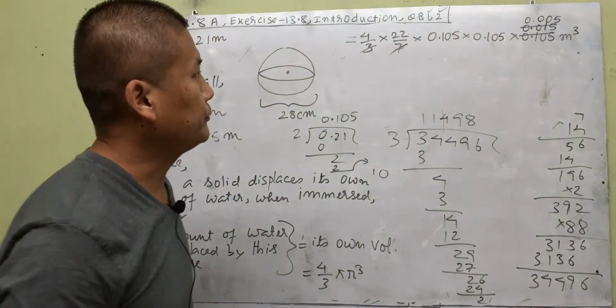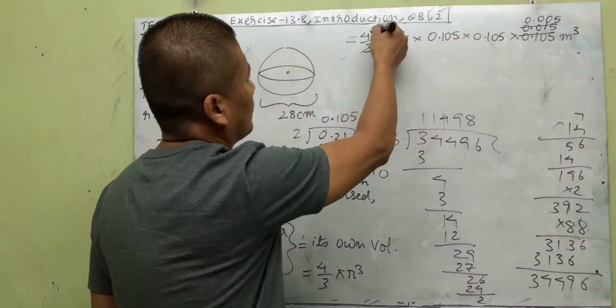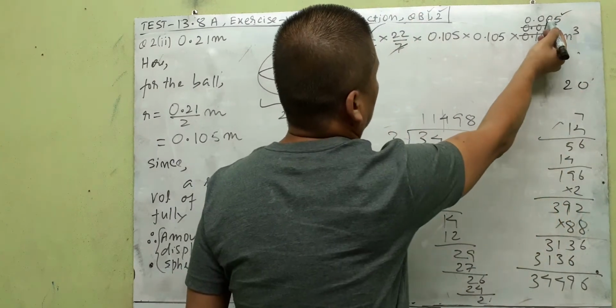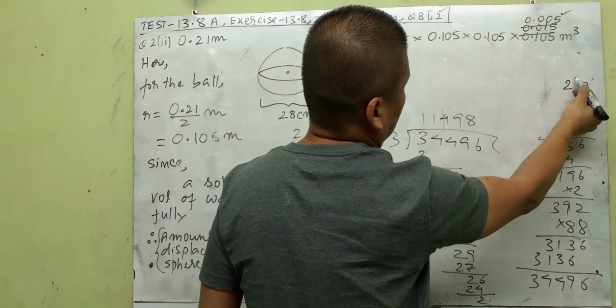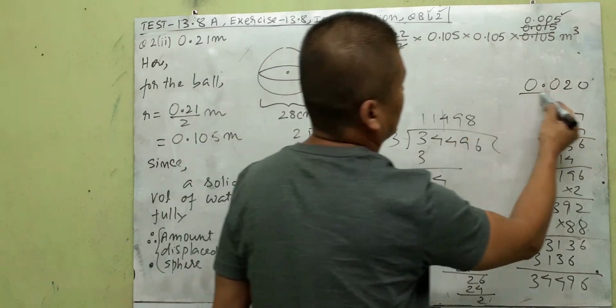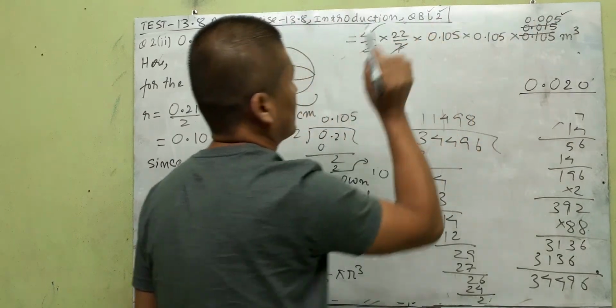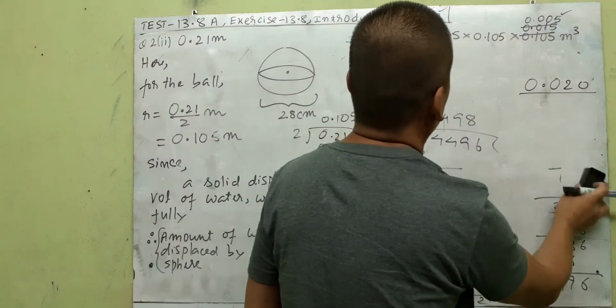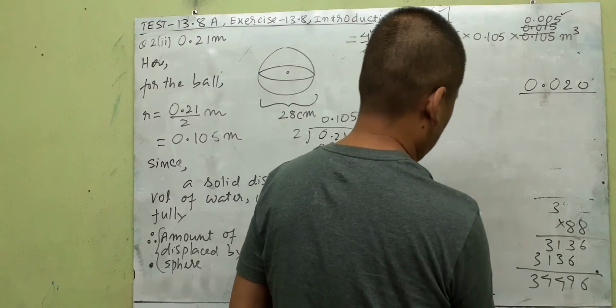Okay, so here, 4 5s are 20. And 1, 2, 3 decimal places. So 0 point, this is what we will get when you multiply this and this. So let us use that to multiply here.